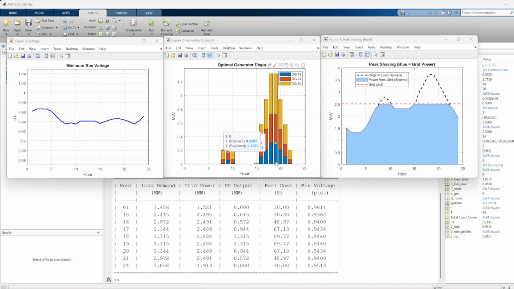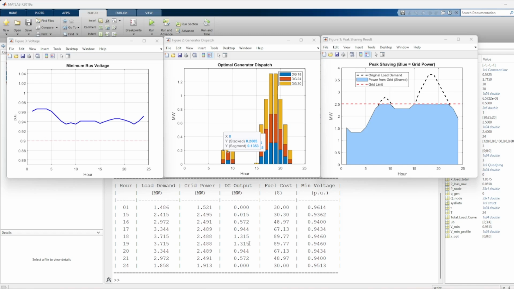So at the 19 hour, all our three diesel generators provide us the power, and if we sum the power of these three diesel generators, here is the value in megawatt, which is 1.315.